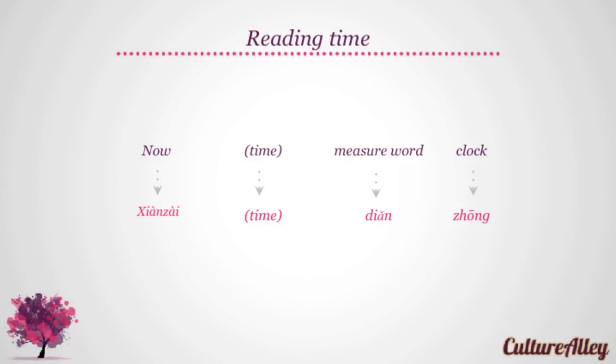Let's have a look at word-by-word translation of now time measure word o'clock. Now translates to 现在. Then the time will be told in Mandarin. Measure word for time, as always, is 点, and clock becomes 钟.